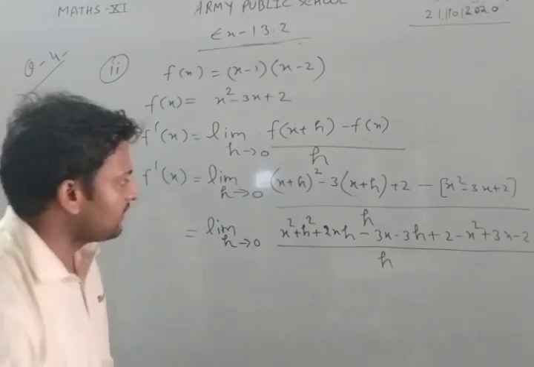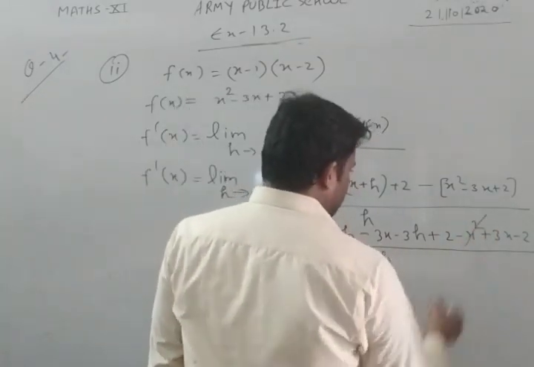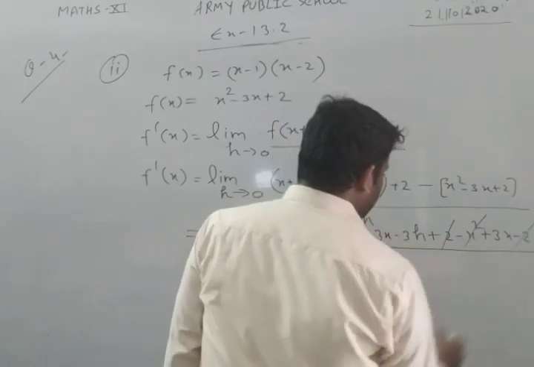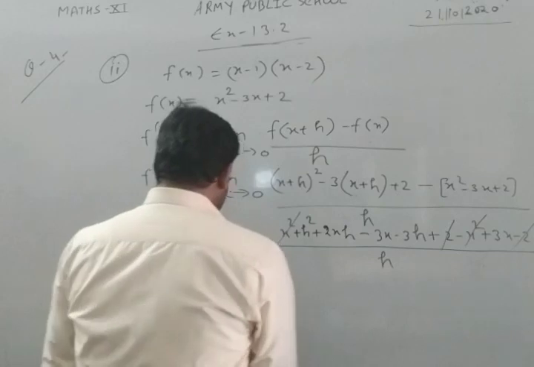Now we will see this term is cancelled, x square and x square, plus 2 and minus 2 is cancelled. Now the remaining term we will write what?